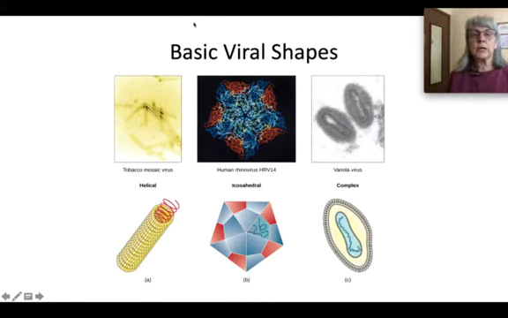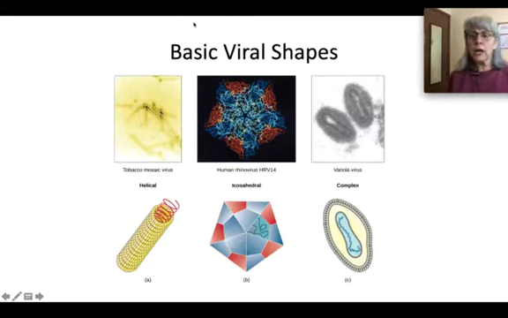Another capsid shape is the icosahedral, also known as polyhedral. It has many sides and is almost geometric. I like to compare it to facets on a diamond, with many faces, geometrical looking. An example is the human rhinovirus that causes colds, which has an icosahedral or polyhedral capsid.